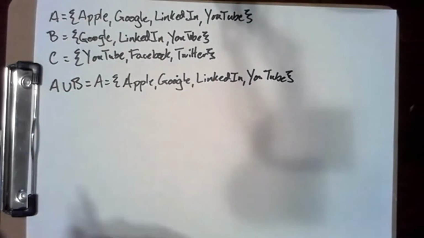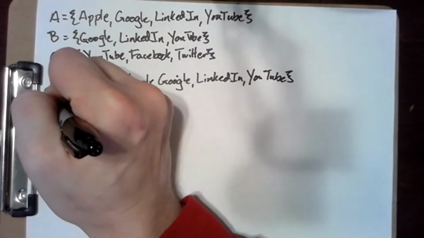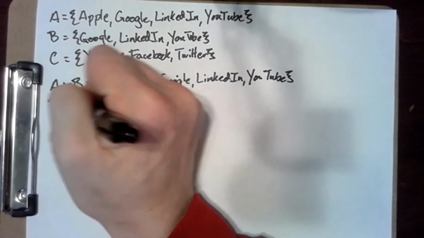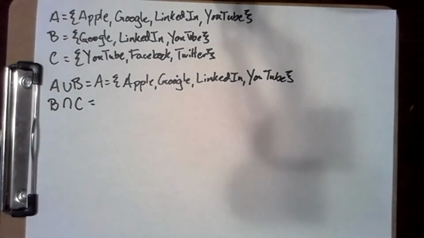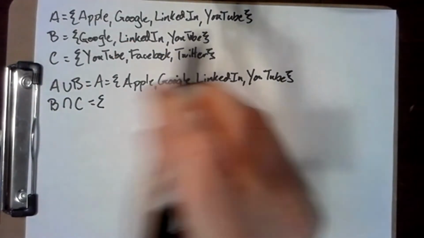We want to know the set B intersect C. That's everything that is in both sets B and C, and there is only one thing in sets B and C, and that is YouTube.